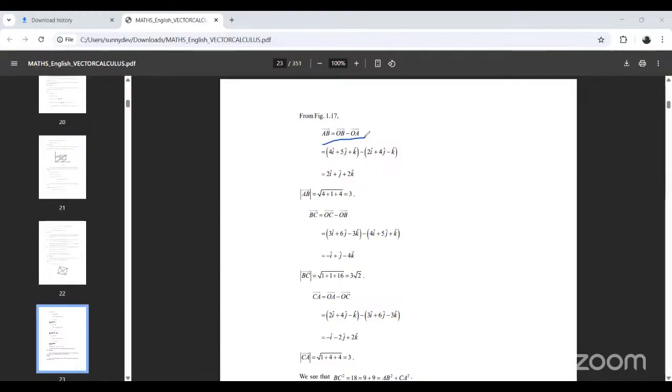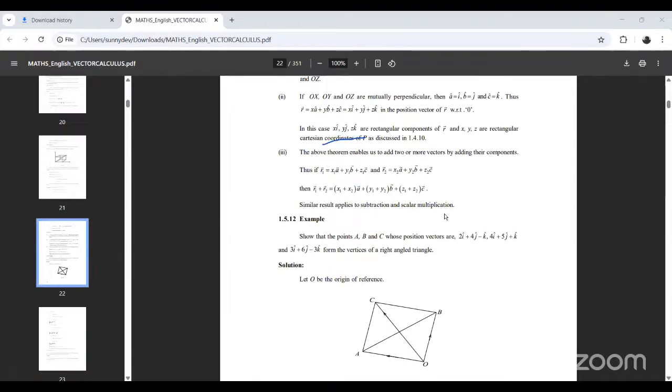Now what is OB? This is OA, the position vector from O, and this is OB, and this is OC.